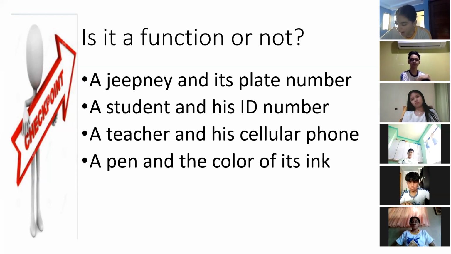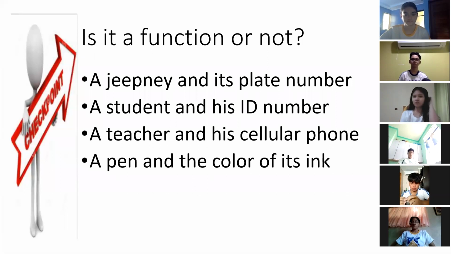However, he or she can use the same ID number from the previous school, provided that it is not used by any student of the school being transferred to, making the second example a function.